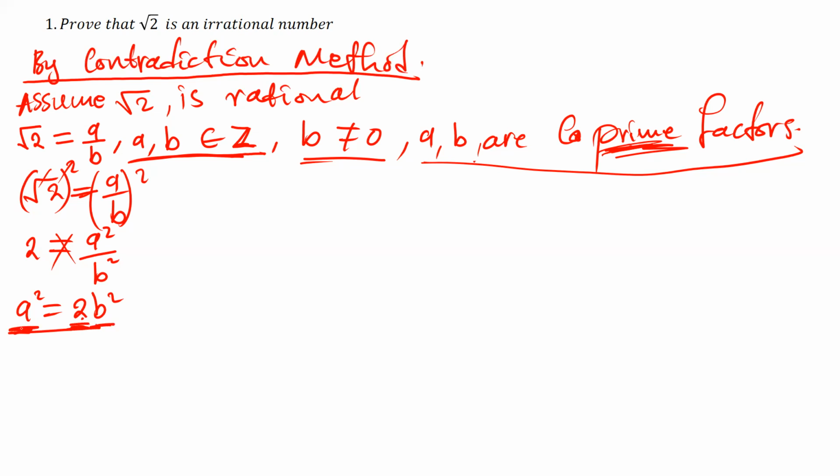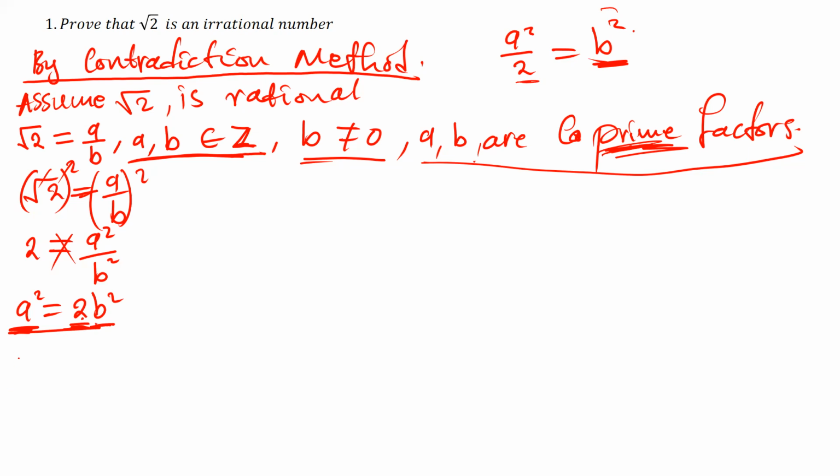So 2 can go into a squared b squared times. In other words, if you divide by 2 on both sides, you're going to have a squared over 2 on this side, and you're going to remain with b squared on this side. If you divide a squared by 2, the answer that you're getting is b squared.